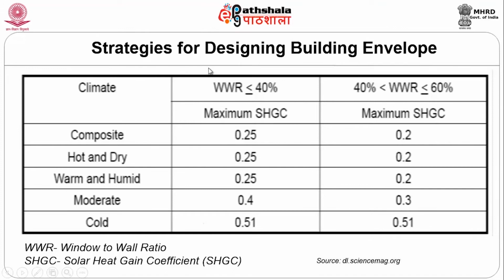So, now if you look at strategies for designing building envelope, we have the two acronyms described over here. WWR is window to wall ratio, and here we again have the solar heat gain coefficient. So, we need to keep this in mind with respect to what percentage of the walls we are going to have glazing and what is the solar heat gain coefficient of that place. So, depending on the climate our area is in, we have readily tabulated facts that we can directly follow.